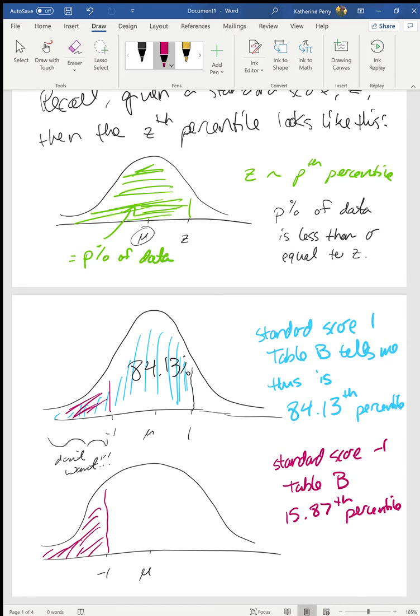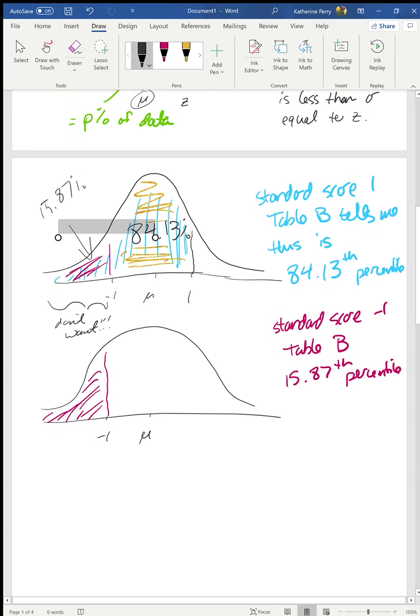So all of the blue is 84.13%. And this right here is 15.87%. And if what I want is this yellow area, the sparkle yellow, then I see that I need to take this blue amount and subtract from it the pink amount.